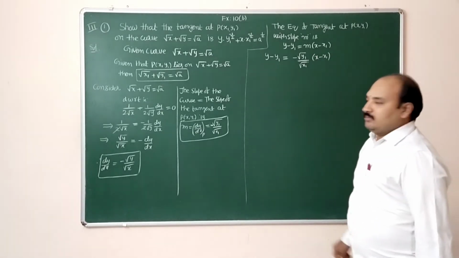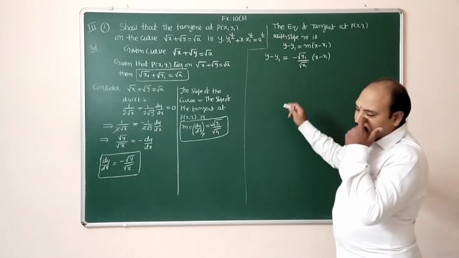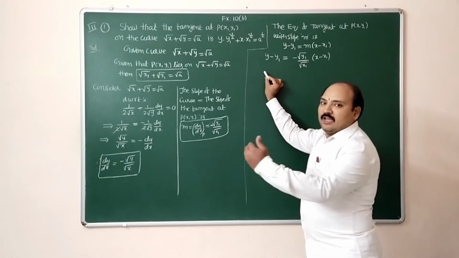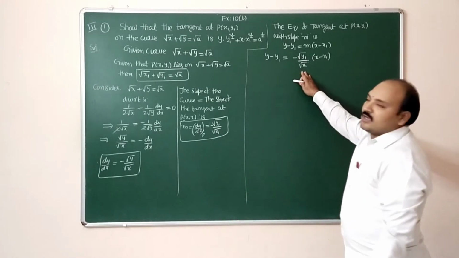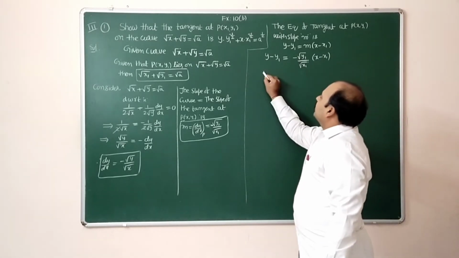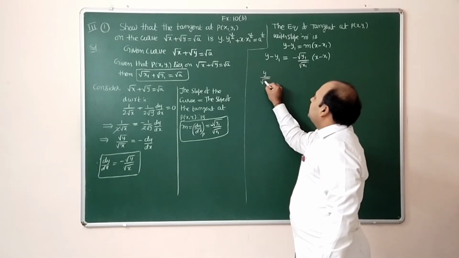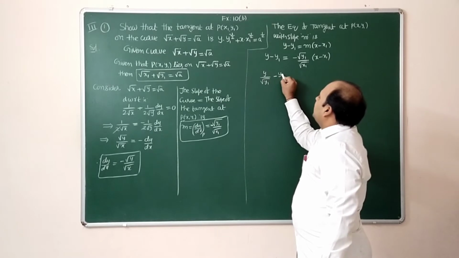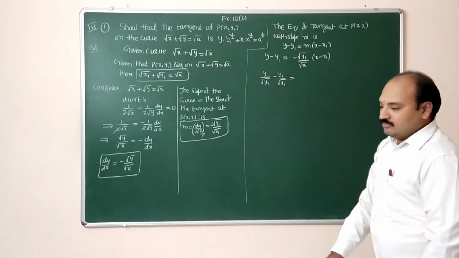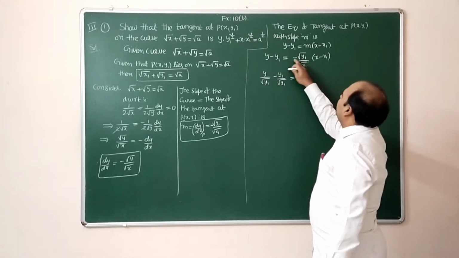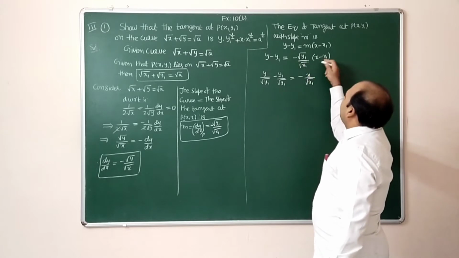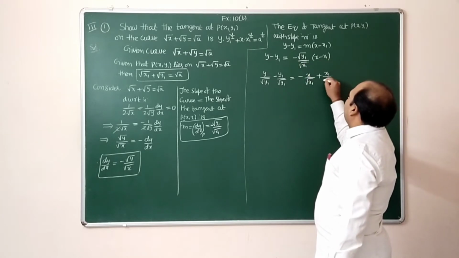After reaching this step, from this step, root y1 we are taking into the denominator of the LHS, and root x1 in the denominator is there, multiplying with this RHS in the denominator. So y divided by root y1 minus y1 divided by root y1, I am taking only root y1, equals minus x divided by root x1, minus into minus is plus x1 divided by root x1.